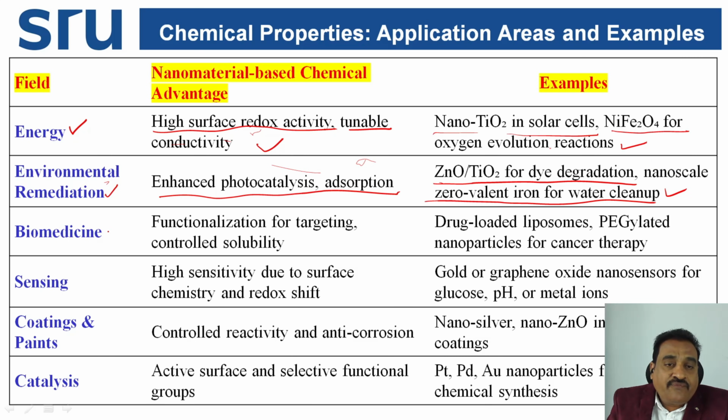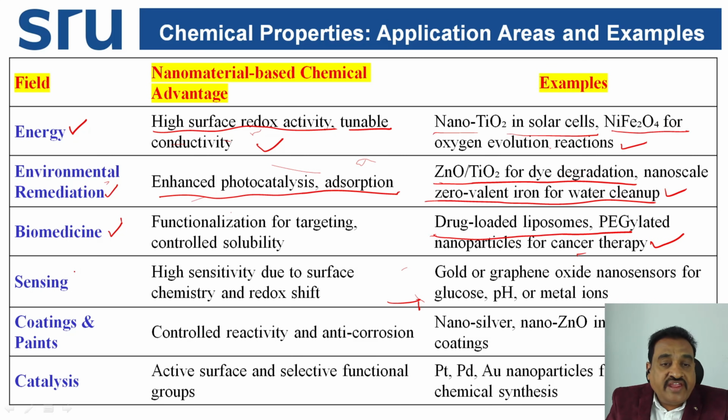So biomedical field: functionalization for targeting and controlled solubility are the nanomaterial based chemical advantages. The examples you can see here are drug loaded liposomes and PEGylated nanoparticles for cancer therapy.